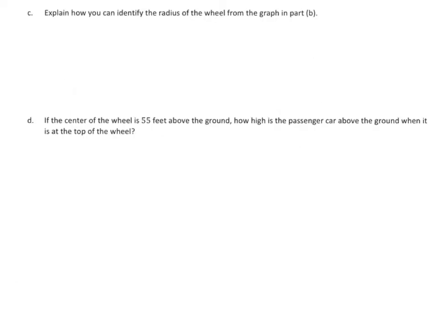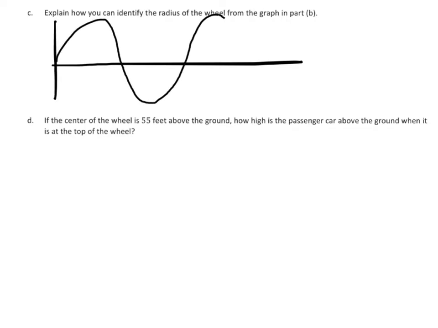Explain how you can identify the radius of the wheel from the graph in Part B. And here is the graph from Part B, roughly drawn. How could you identify the radius by looking at only the graph of the movement of the passenger car?